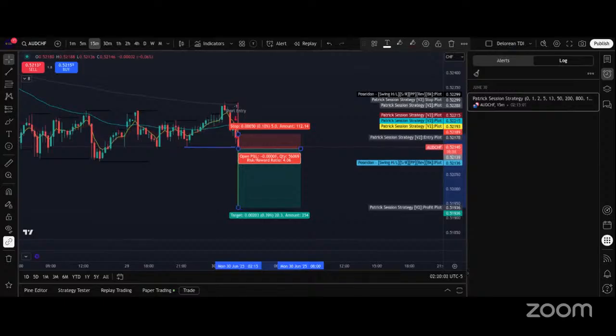And here's your second call of the night. Australian dollar versus the Swiss franc, AUD, CHF, 15-minute confirmation. Market execution sell. Entry price is 0.521... Ooh, did I have an extra number? 51936.